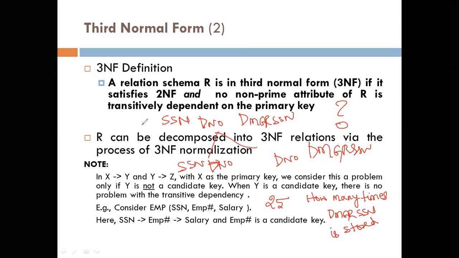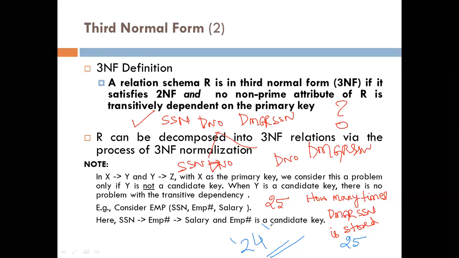If we follow this particular relation, then the MGR SSN is also stored 25 times, one per employee, which means there is redundancy. 24 times extra we are storing the department manager SSN.